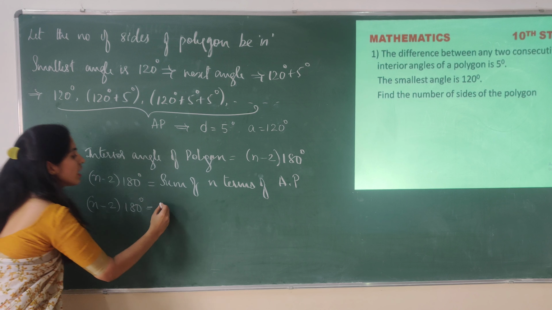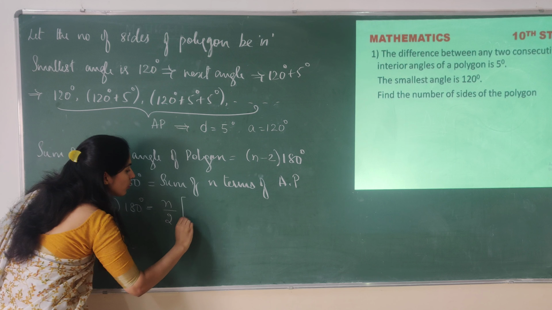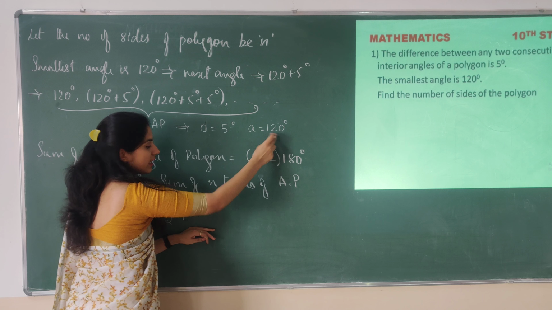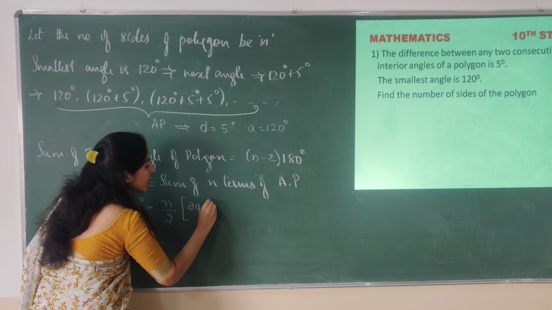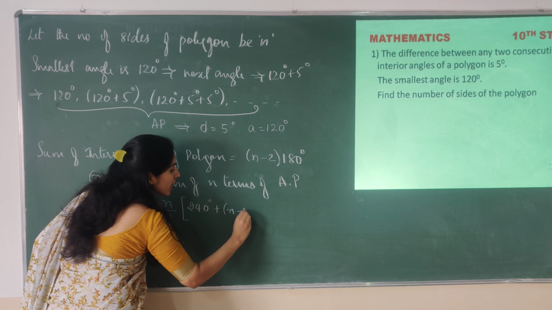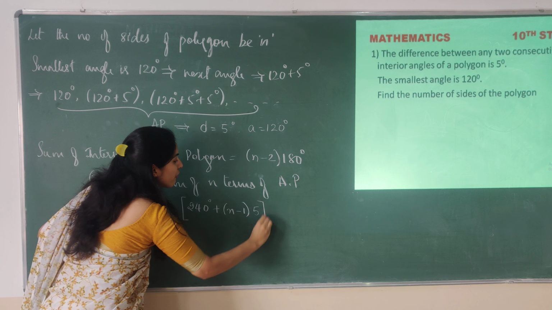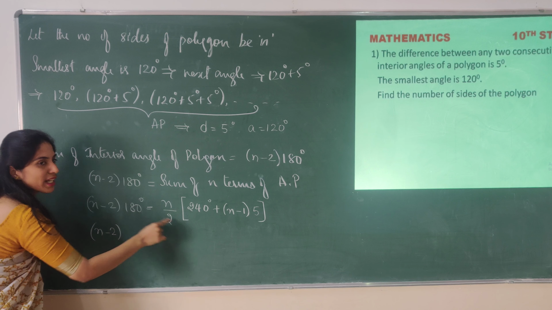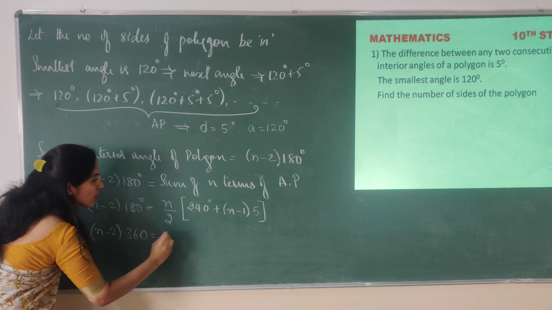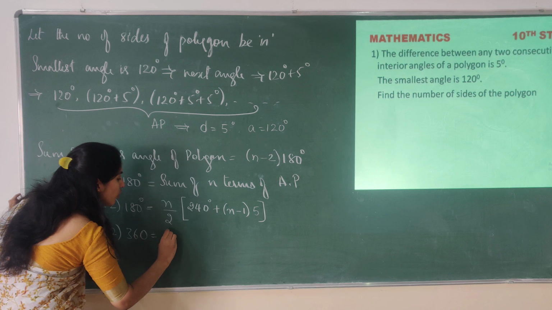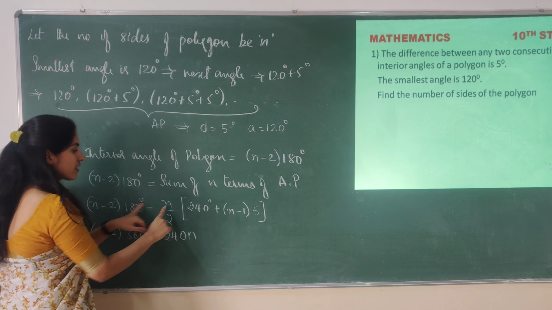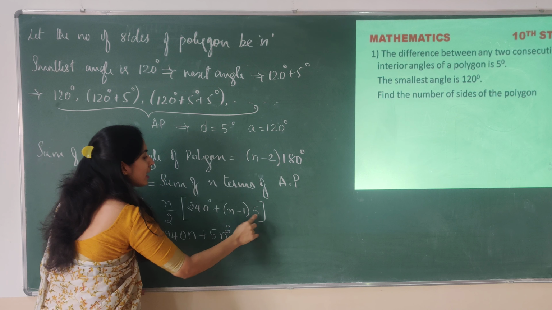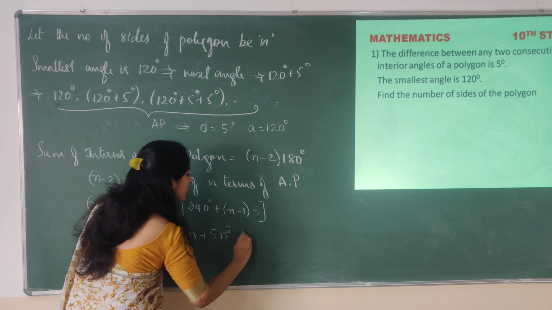I will use it. 2a is 2 times 120 degree, which is 240 degree, plus n minus 1 into the common difference, 5. Simplifying, n minus 2 into 180 into 2 is 360, equal to 240n plus 5n square minus 5n.